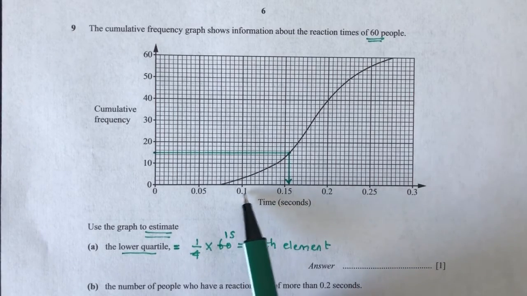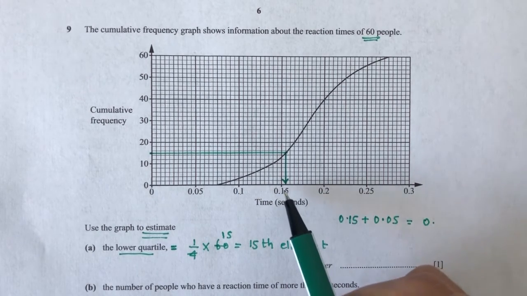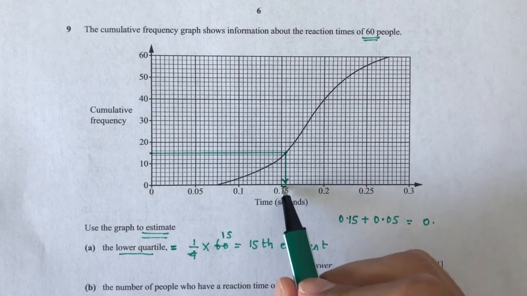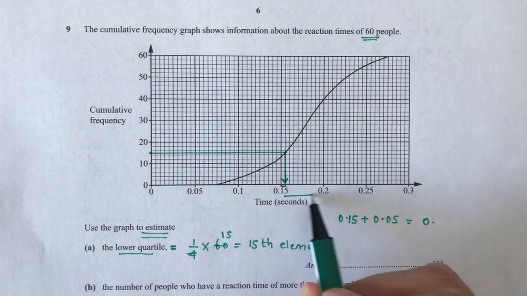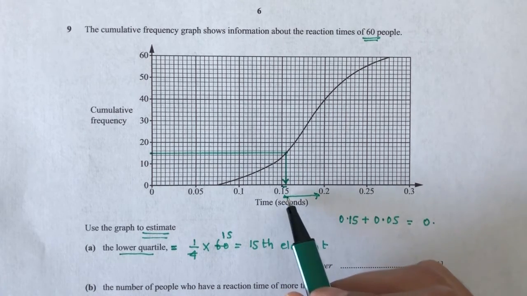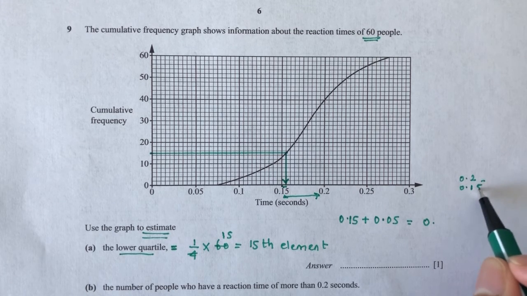We have to find the length of 1 square. So that is 0.1 till 0.2. Let's find the length of this 1 square. So this distance is what? It's 0.2 minus 0.15.